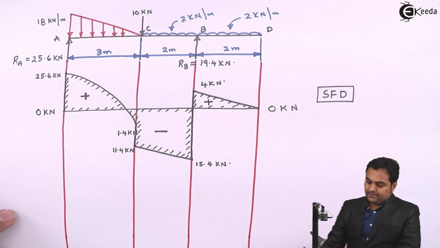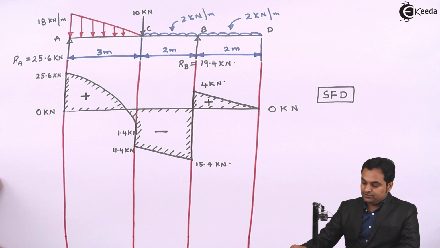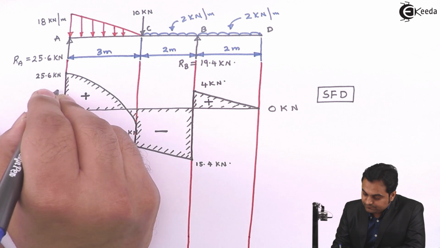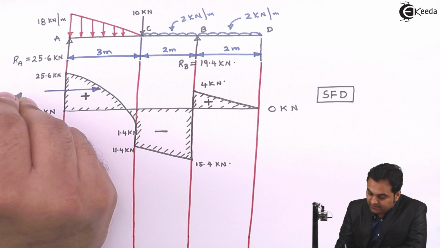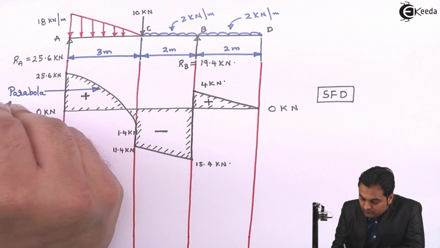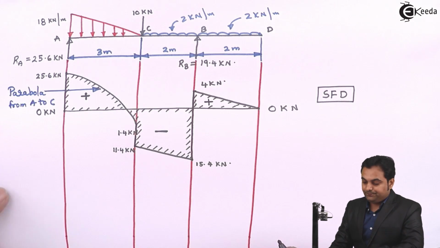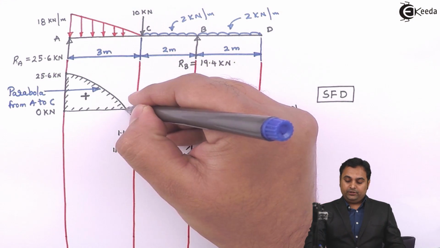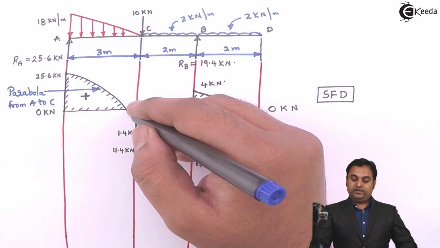So this is the shear force diagram where we have a parabola from A to C. Here I will mention that there is a parabola from A to C. Now this is the complete shear force diagram, and as we see there is a point where shear force crosses from positive to negative region, and here there is one point where SF is 0.